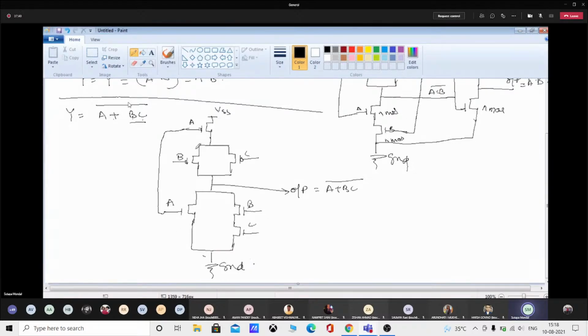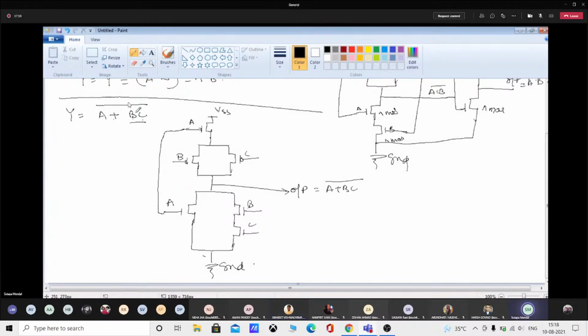Anybody having any problem in this circuit? Connect B, the B one, ma'am. B with B or with C.